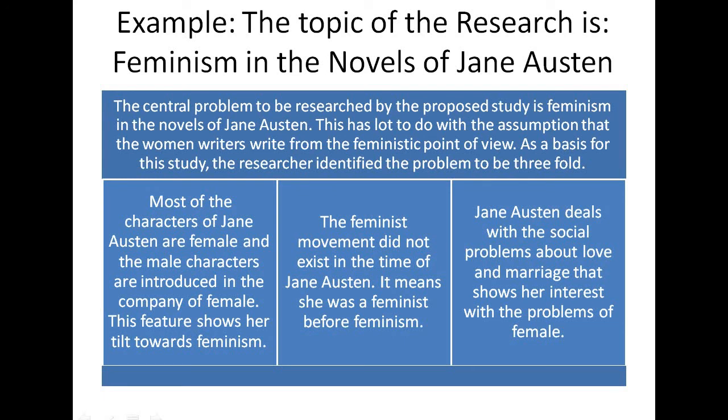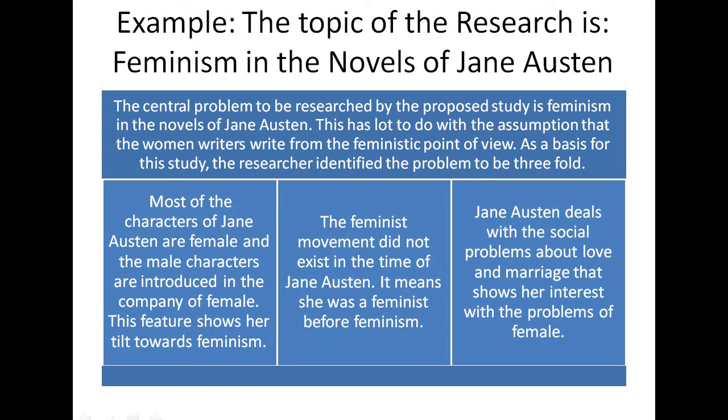This has a lot to do with the assumption that the women writers write from the feministic point of view. As a basis for this study, the researcher identified the problem to be threefold. Most of the characters of Jane Austen are female, and the male characters are introduced in the company of female. This feature shows her tilt towards feminism.